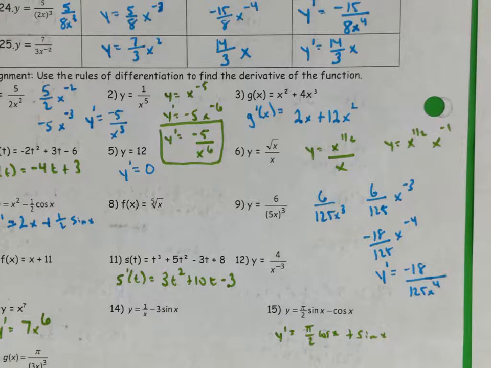So on number 8, the first thing you need to do is rewrite it, don't you? How can you rewrite number 8? I'm just helping you out. X to the what? And go from there. Let's go.